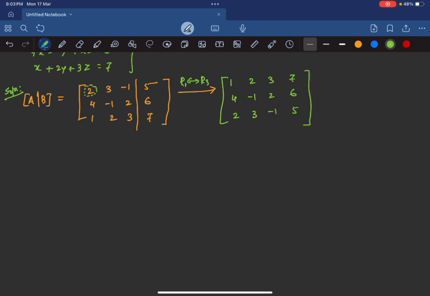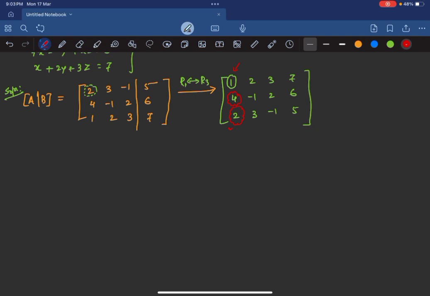When you are doing this process, you should be very careful. Now the next work: you are getting 1 here, that is fine. Now you have to make this entry 0, and this entry also 0. This is called the first pivot entry. When you have this pivot entry as 1, immediately you need to make this position and this position 0.